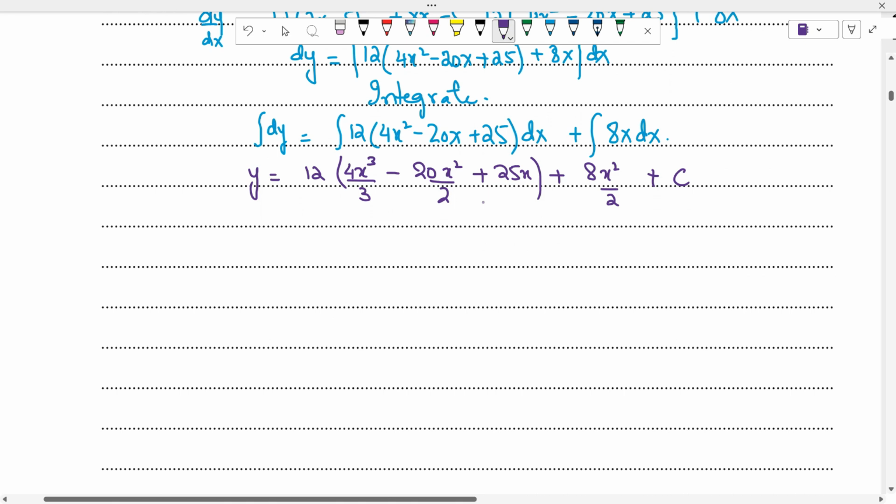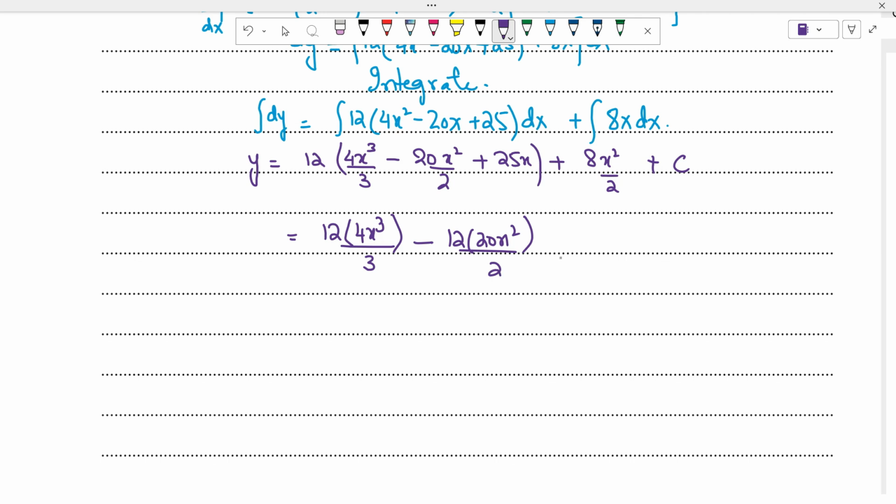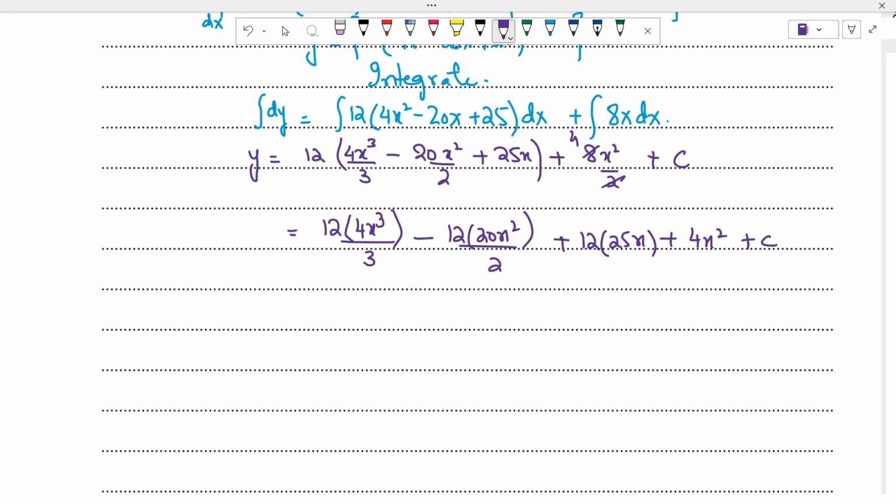Now multiply with 12, we will have 12 times 4x cubed over 3 minus 12 times 20x squared over 2 plus 12 times 25x plus 8 times x squared over 2, which is 4x squared.